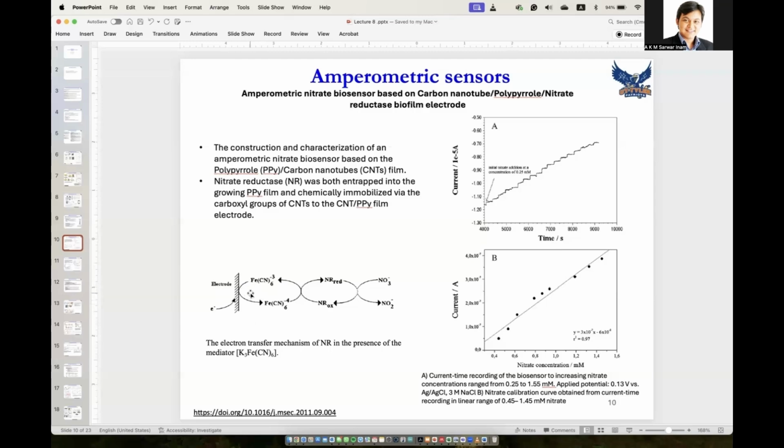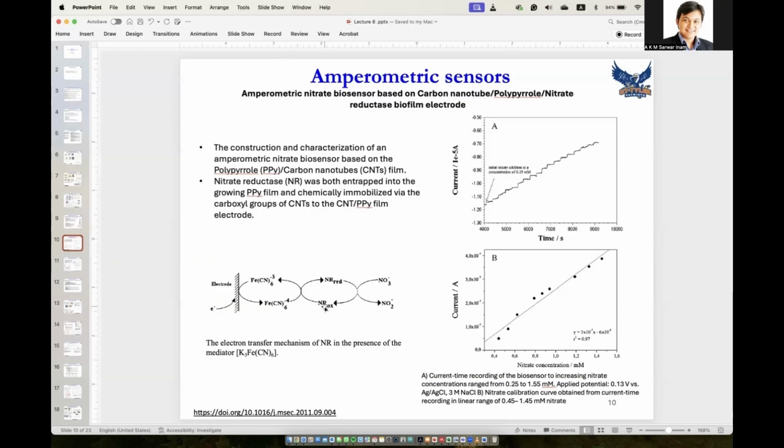With the help of the electron, the ferricyanide that we are using in the solution is going to reduce to ferrocyanide. At the same time, this oxidation is happening.